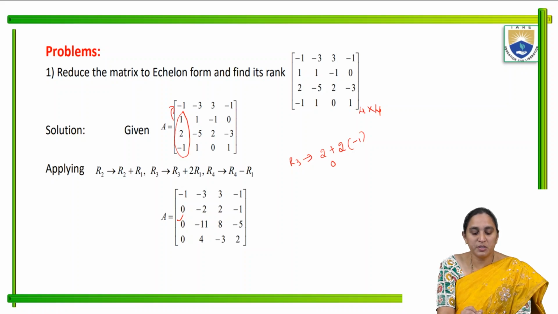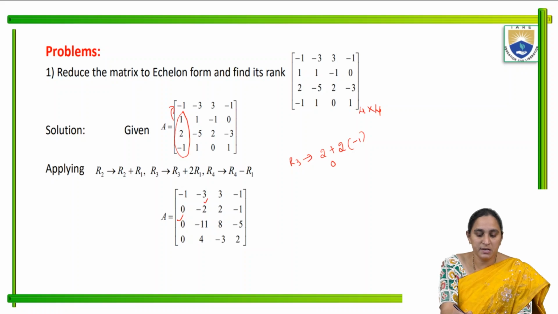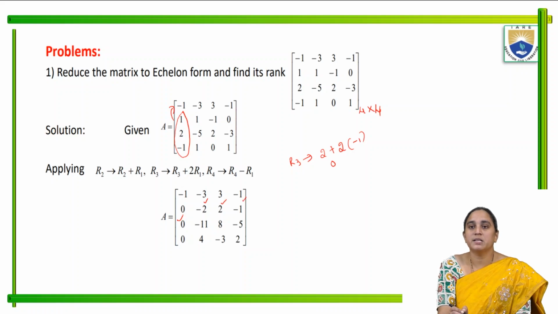We have to apply the row operations on the complete row. Here the first is R2 → R2 + R1. That means 1 minus 1 is 0, the next 1 minus 3 is -2, the next -1 plus 3 is 2, and next 0 minus 1 is -1.